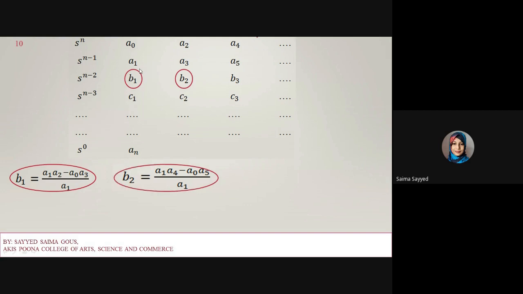Then to find out b3, a1 will be multiplied by the next number after a4, which is a6, minus a0 into the next number after a5, which is a7, whole divided by a1 only. So b3 is a1 into a6 minus a0 into a7 divided by a1. In this manner we have to find out b4, b5 and so on.